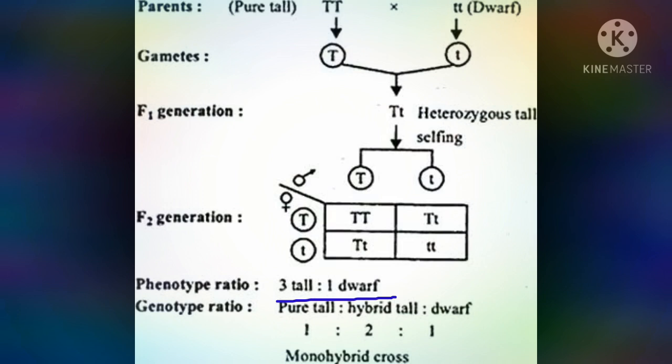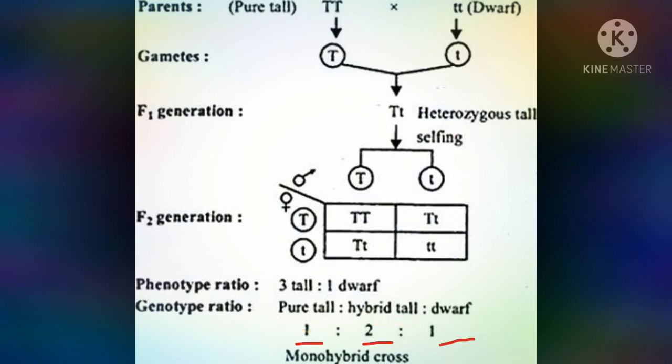However, all tall plants of the F2 generation are not the same. Only 1/3 are pure tall and 2/3 are hybrid tall, and dwarfs are always pure, as the recessive trait cannot be expressed in the presence of the dominant allele.